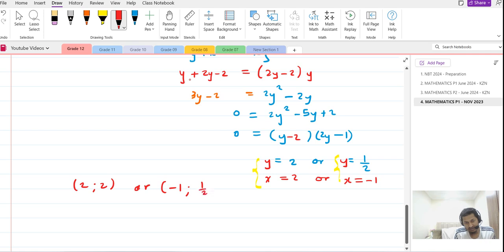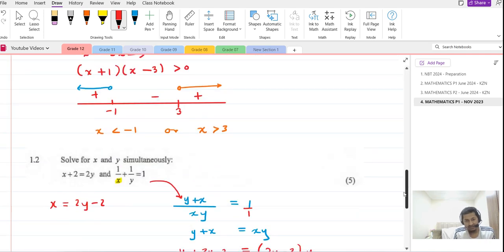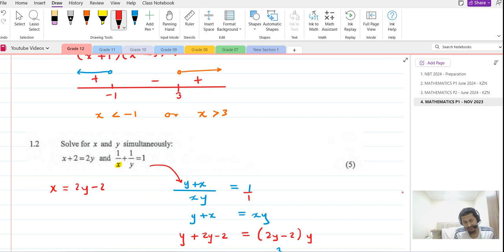So remember, this is a straight line, and I think this equation here is maybe a hyperbola, because if you solve for y, it's basically a point of intersection.